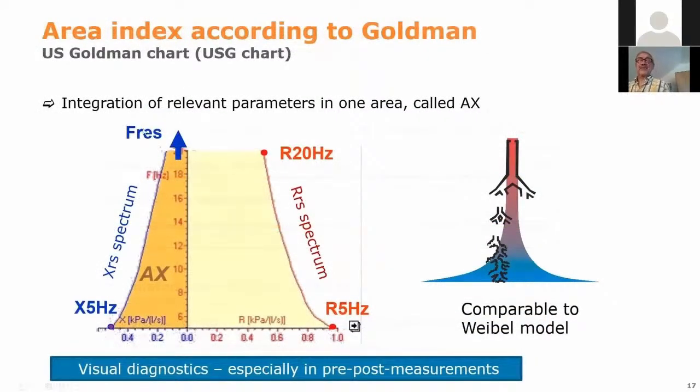And another important issue in oscillometry is the graphic presentation of the test results. The test results can be presented in a form that is equivalent to the Weibel morphology of the lung. So you see the parameters in the upper part of this graph showing the situation in the large airways, and here are the parameters for the peripheral part, showing the situation of the peripheral airways.